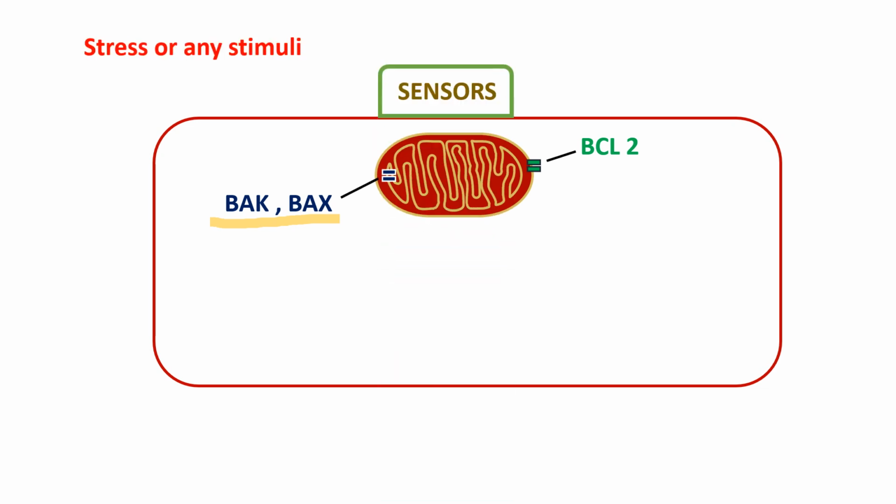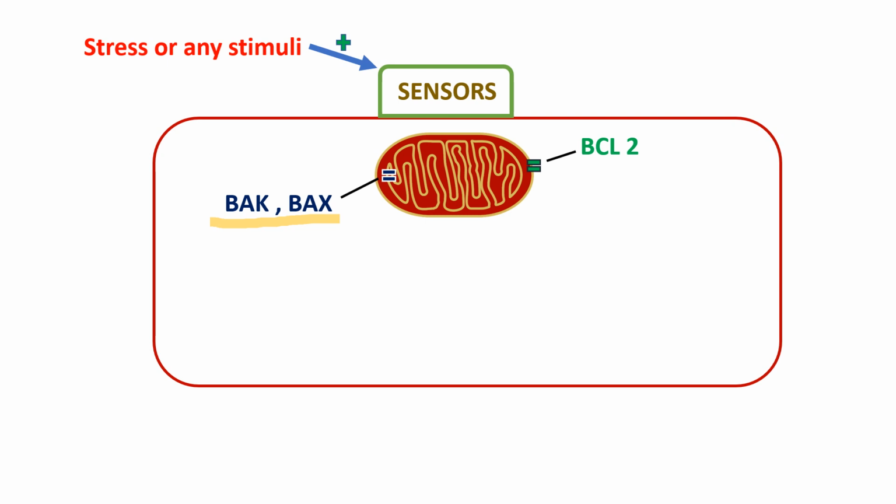Now, whenever there is any form of stress or stimuli, for example viruses, irreparable DNA damage, or accumulation of misfolded proteins, they are sensed by the sensors. And I have told you that sensors are present over the cell surface.